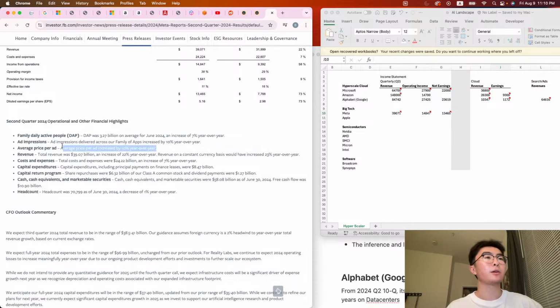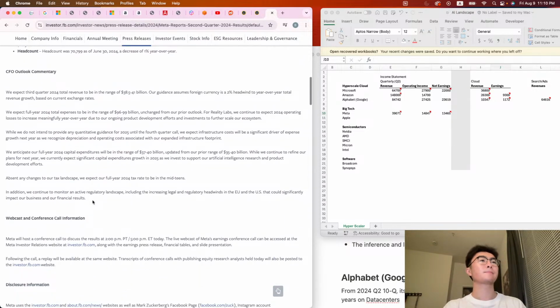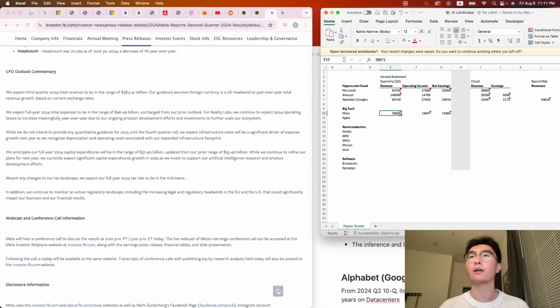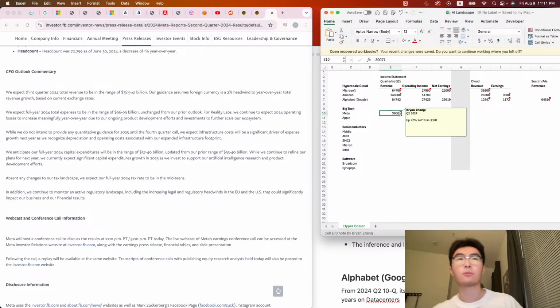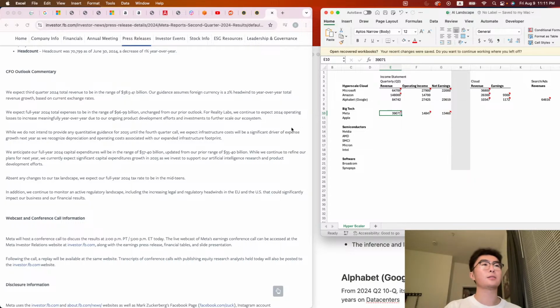In constant currency, average price per ad increased by 10% year over year. 10% capital return program. So it's a bit, okay, so it's somewhere in the range of third quarter guidance.